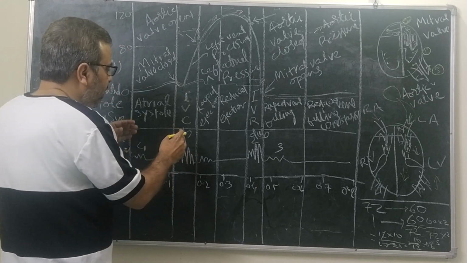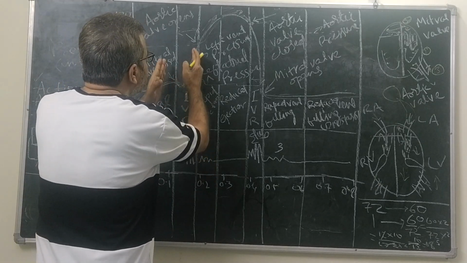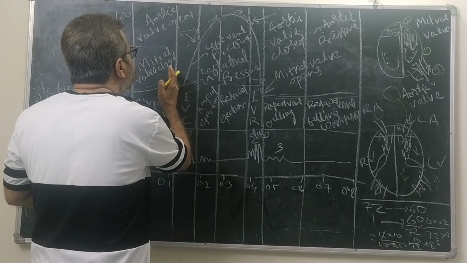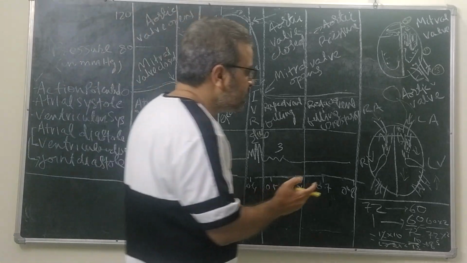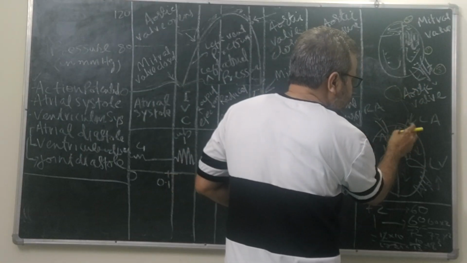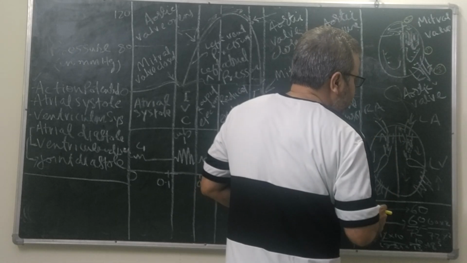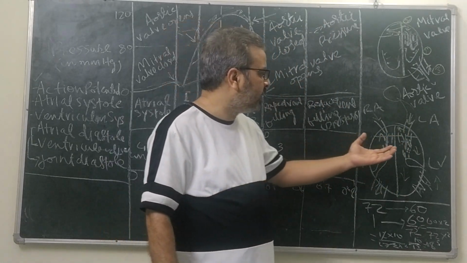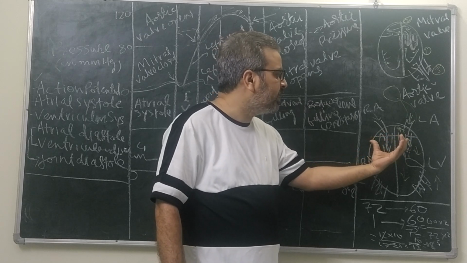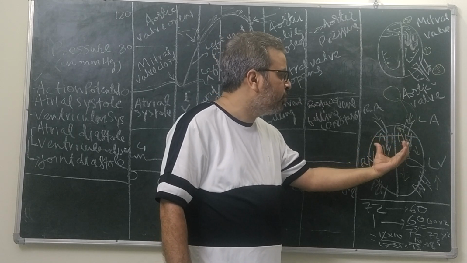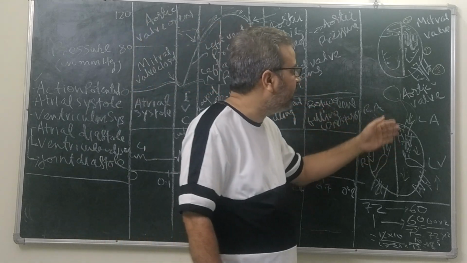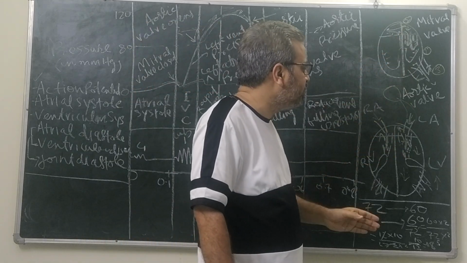Sound 1 or lub, it is the isovolumetric contraction period when the mitral valve is closed. So when this mitral valve is closed, it produces the sound called lub. It is not in fact only about the mitral valve, but about these two atrioventricular valves, because in our example we have taken only the mitral valve into consideration.